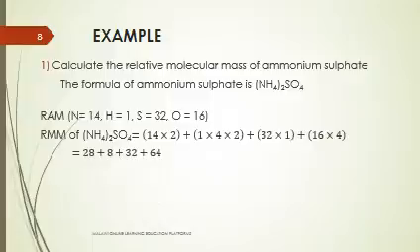After doing some calculations, for nitrogen we have 28, which is the relative atomic mass, and we also have 8 for hydrogen, 32 for sulfur, and 64. When we do some addition, we find that the relative molecular mass of ammonium sulfate is 132.